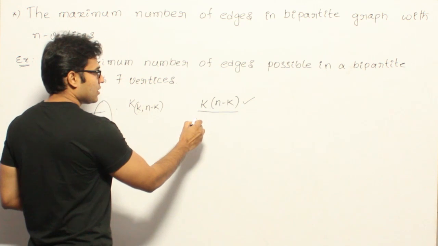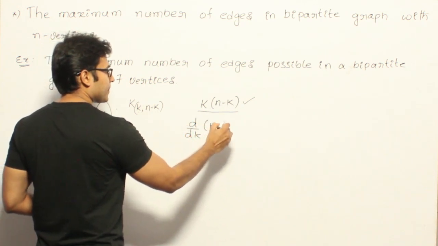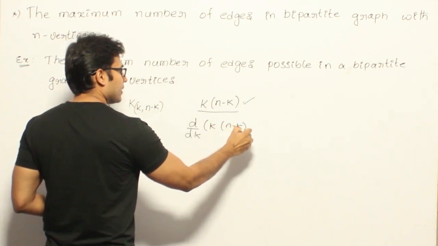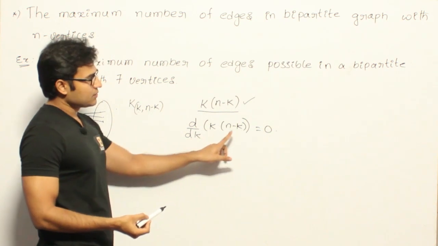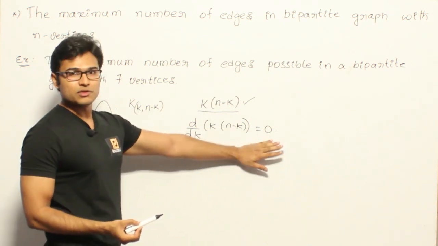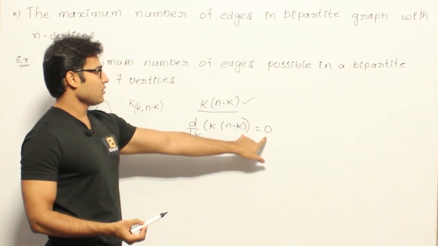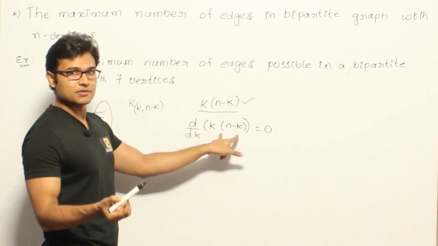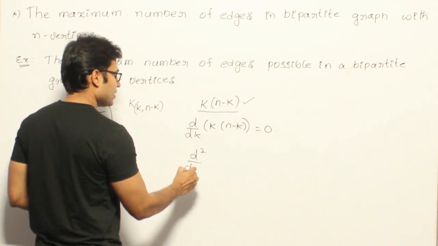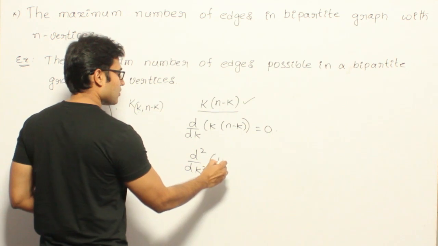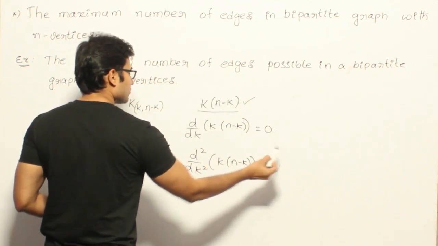One is take that and differentiate with respect to k and equate it to 0. Now wherever you get this value, which means wherever this value is equal to 0, for what value of k, using this equation we can find out the value of k at which the value is maximum, given that the double derivative, which means d square by dk square of k into (n minus k), is less than 0, right?